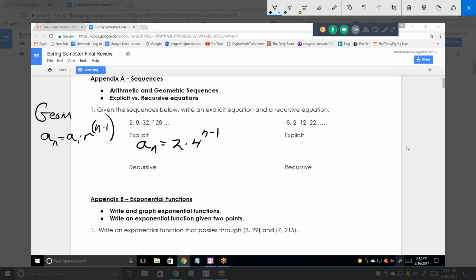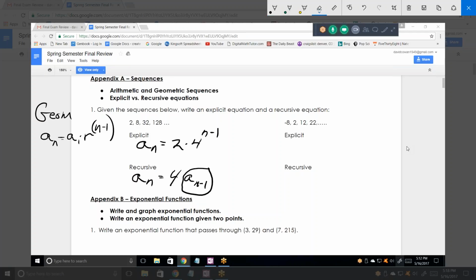Good. And what about the recursive? If I want to make it related to the previous term, what's it going to be? a sub n equals 4 times a sub n minus 1. In other words, whatever the previous term is, we're going to multiply it by 4 and get the next term.